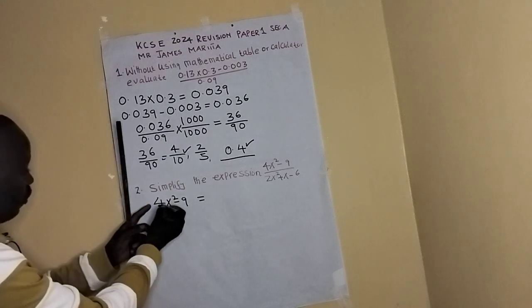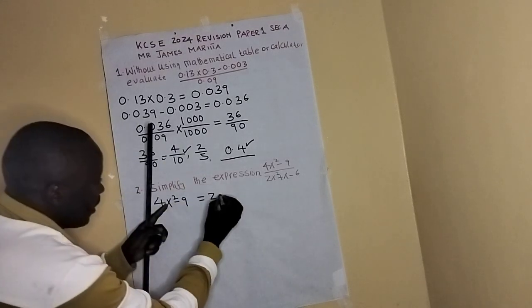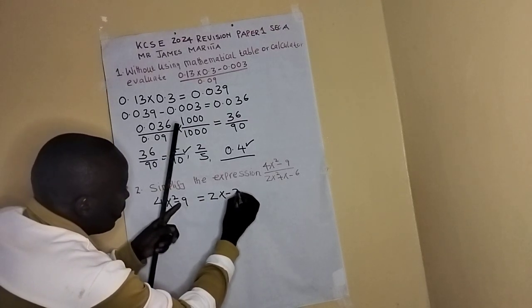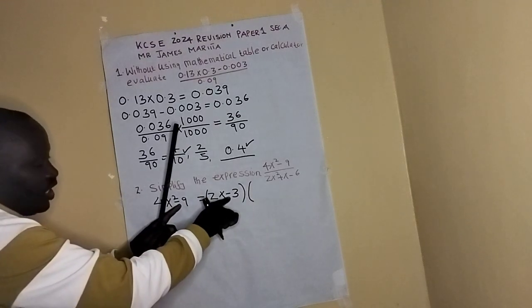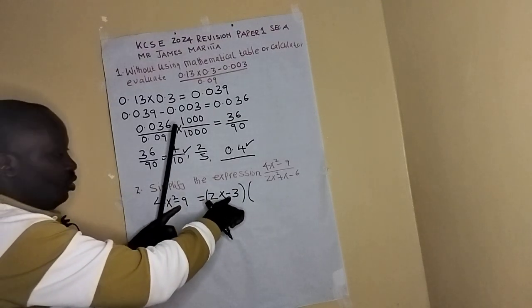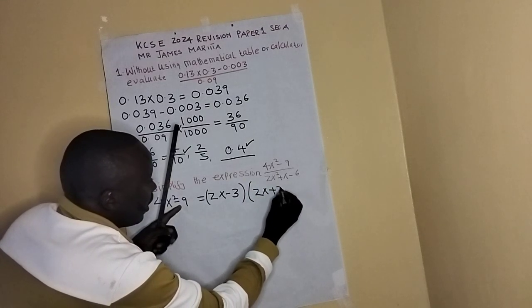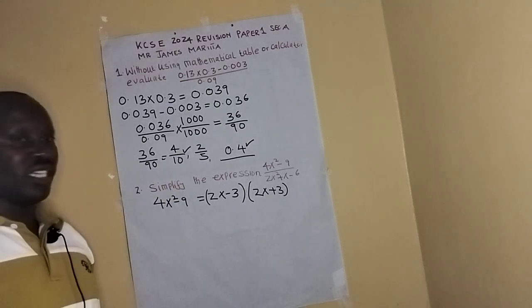The square root of 4 is 2, the square root of x squared is x, and the square root of 9 is 3. You open another bracket and only change the operation from subtraction to addition. So this will be 2x plus 3. So we are done with 4x squared minus 9.